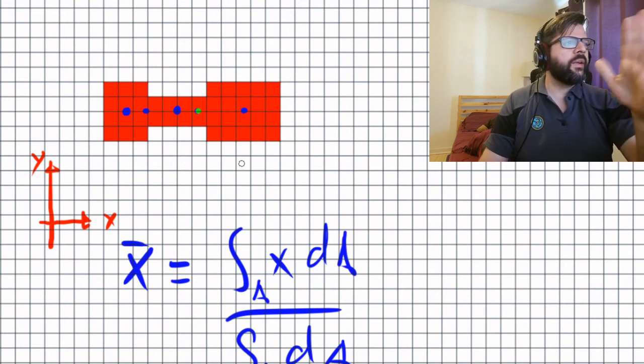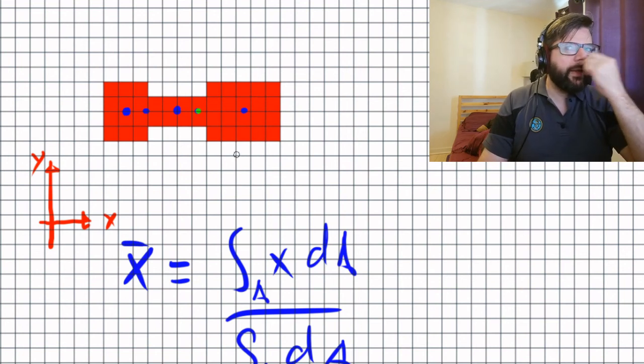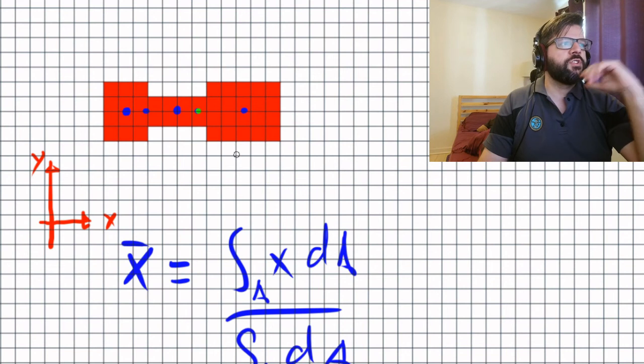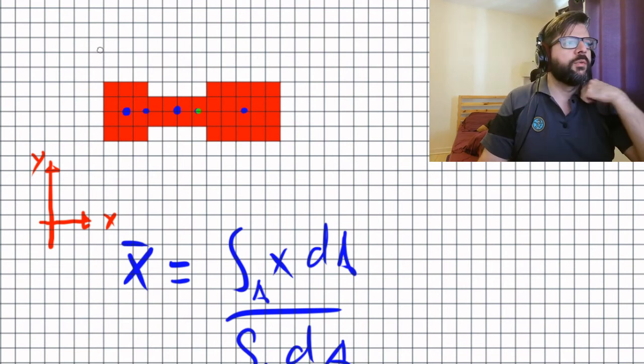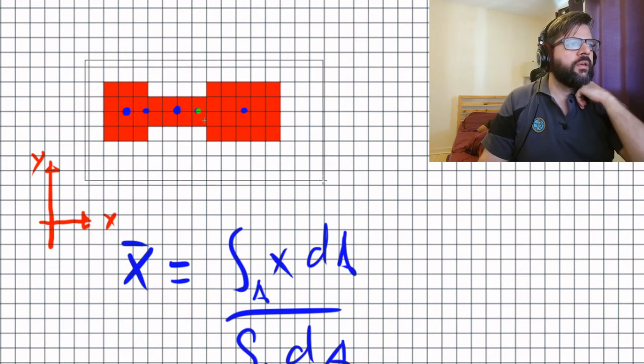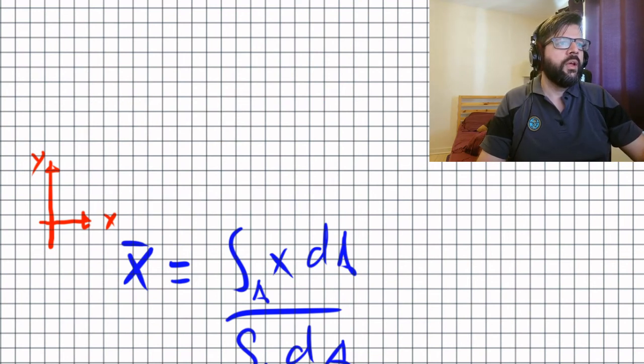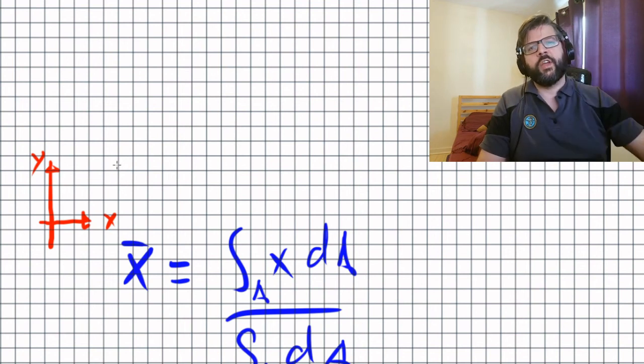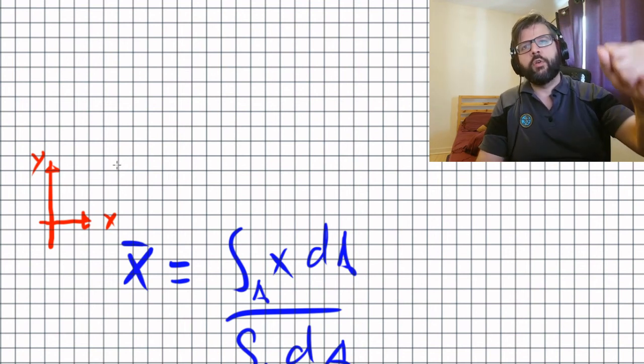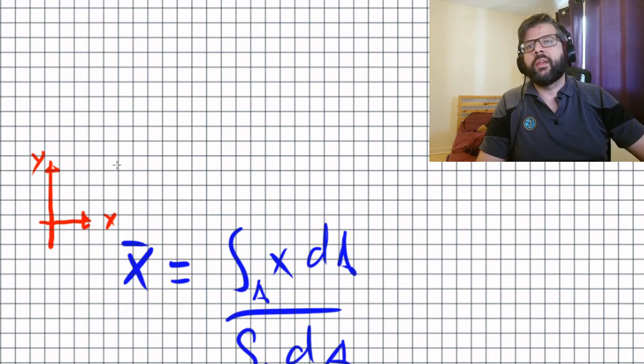So adding mass to an object shifts the center of gravity towards that object. The converse works too. If you have an existing object and you carve a section out of it, then you get a shift away from the previous center of gravity.